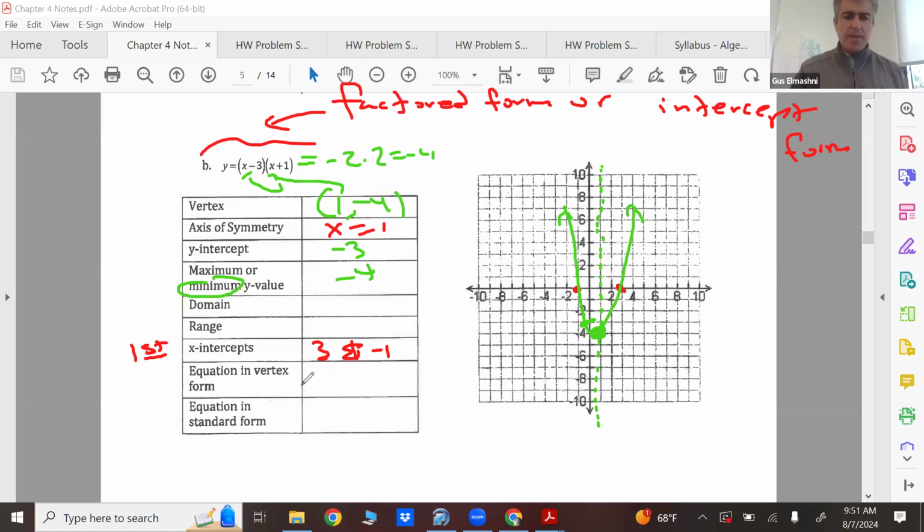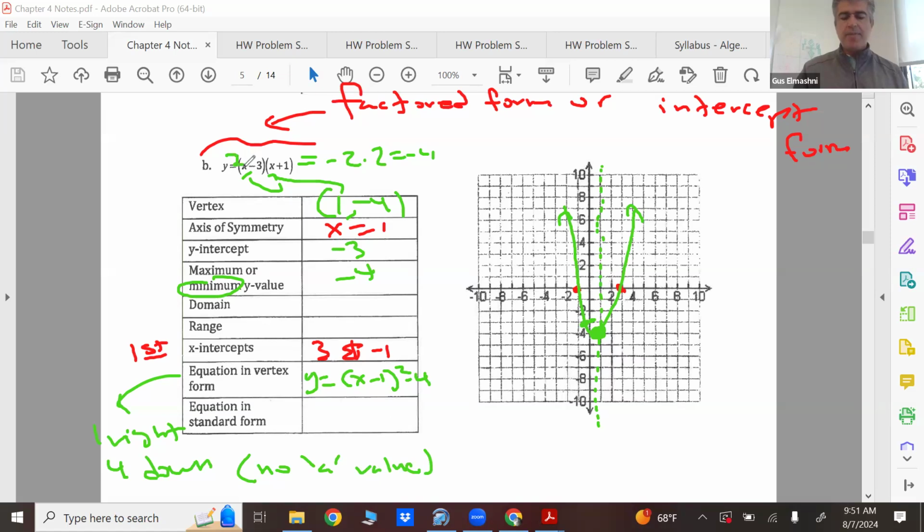If I put it in vertex form, it's y equals (x minus 1) squared minus 4, because I went 1 right and 4 down. Remember, we went 1 right and 4 down. And there's no a value, because you don't see a number out in front here.